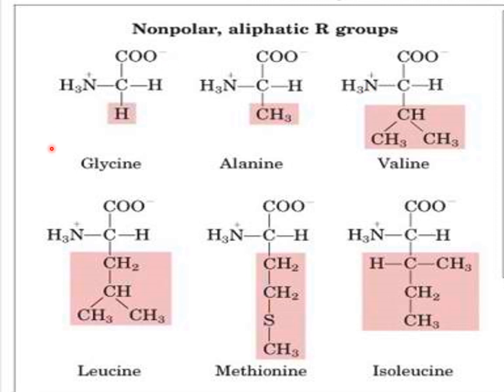So here are the examples of amino acids under the nonpolar aliphatic R groups or hydrophobic R groups. As you can see, their side chains contain hydrocarbons or chains of carbon and hydrogen. Methionine, meanwhile, has a sulfur atom in its R chain.